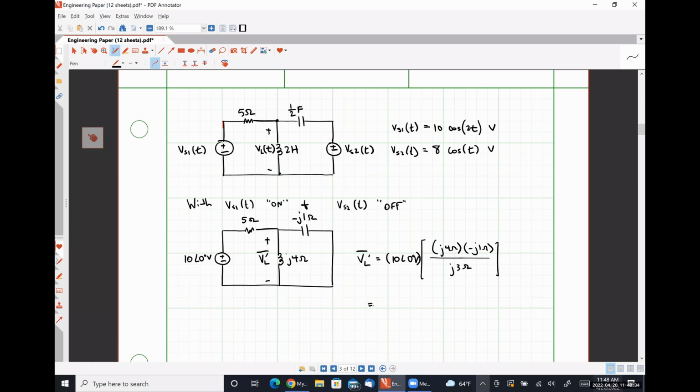So that's going to be 10 angle 0, 4i times minus 1i over 3i. I get 13.333 angle negative 90 degrees.